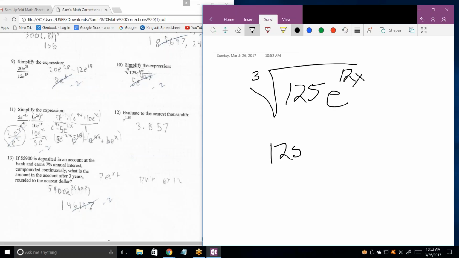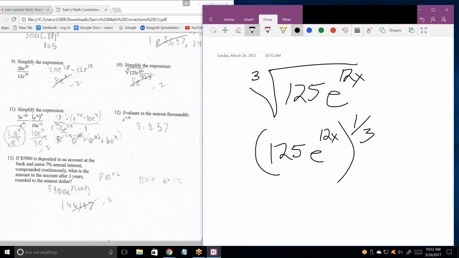So the fractional exponent for this thing is what? What's the equivalent of the cube root? It's 1/3. The 1/3 exponent means the cube root.